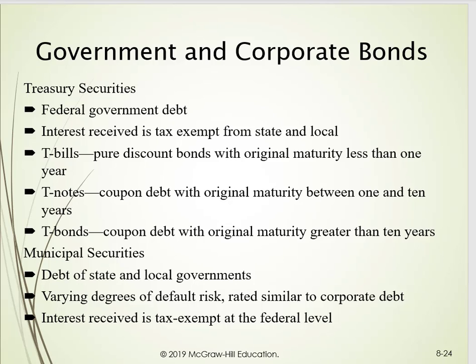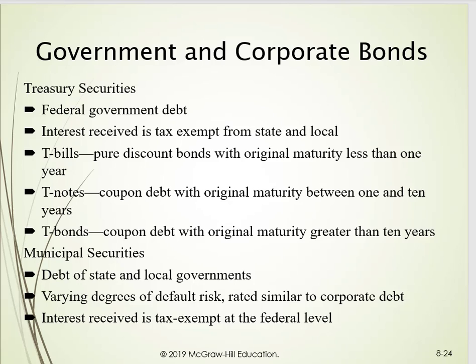So if the federal government is issuing treasury securities, if you pay taxes, you're going to have to pay taxes to the federal government. You won't pay taxes to state and locals. So obviously we have T-bills, T-notes, T-bonds, just generally differences in two things. Number one, some of them pay coupons, some of them don't. But in general, the difference is maturity.